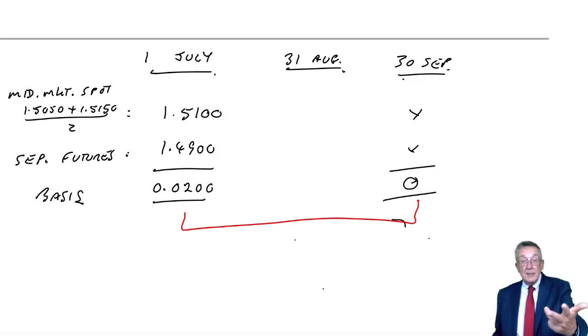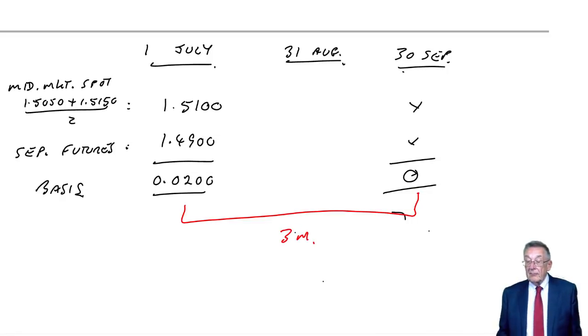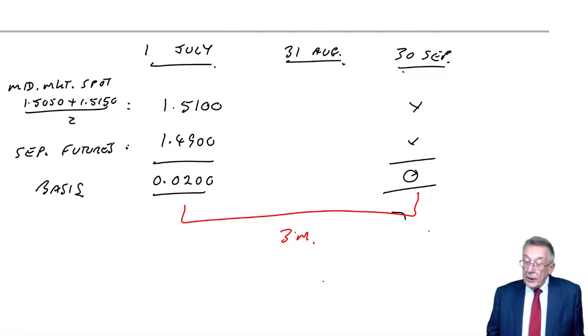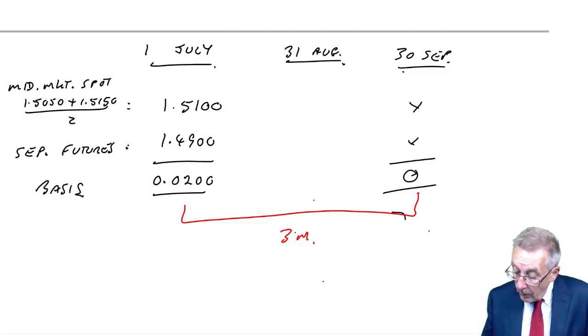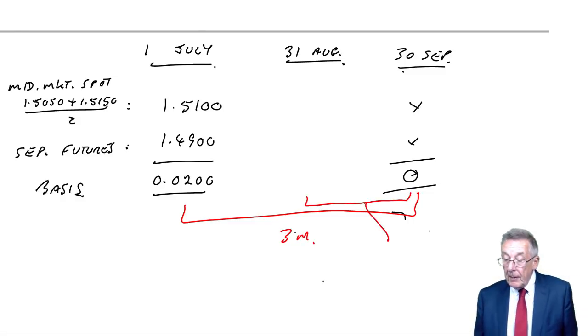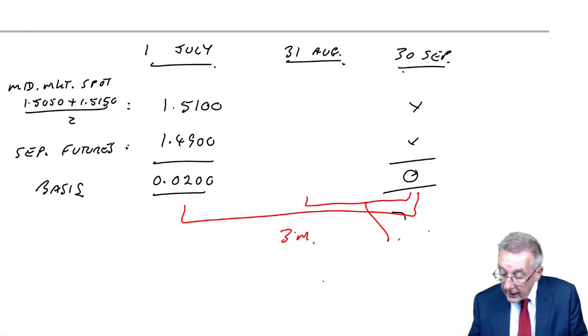July, August, September. So from beginning of July to end of September is 3 months. We're looking at 31st of August, and from the end of August to the end of September is 1 month.